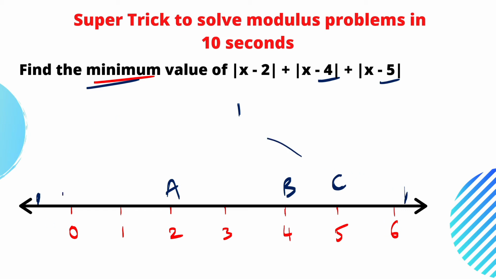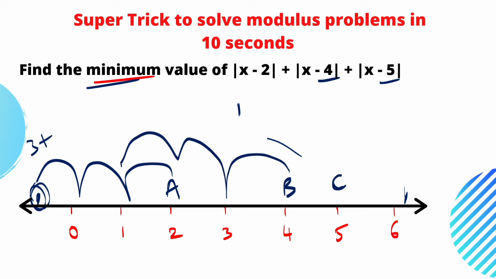But if they meet here, what is the value? How much distance must A travel? 1 unit, 1 unit, 1 unit, 3 units. And B must travel 1, 2, 3, 4 and 5 units. And C must travel 6 units. So what is the total distance covered? Distance covered is 5 plus 6 plus 3, which is 14 units.